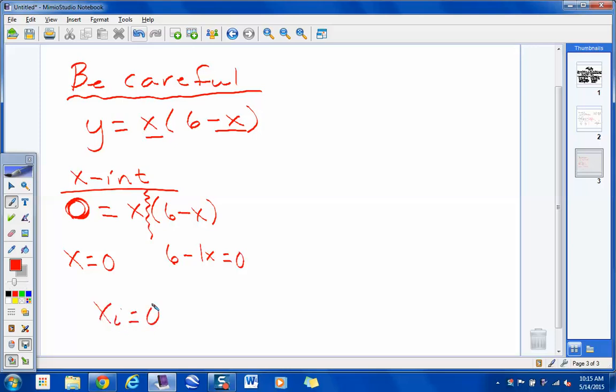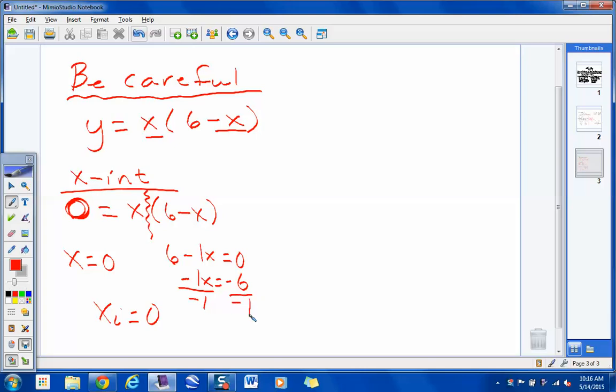Help me solve this one. What would you have to subtract from both sides first? Okay, so you would have negative 1x equals negative 6, wouldn't you? Right. So to get that x solved for, you got to divide both sides by negative 1, right? So at this point, what's the negative 6 divided by negative 1 getting you?